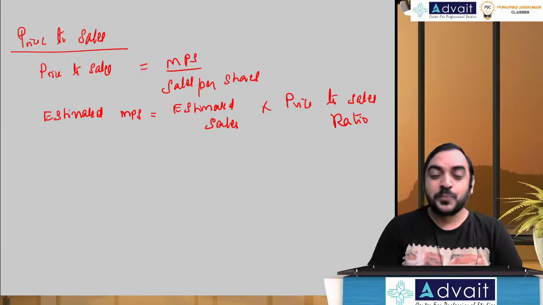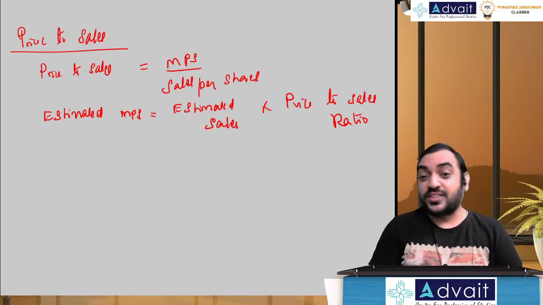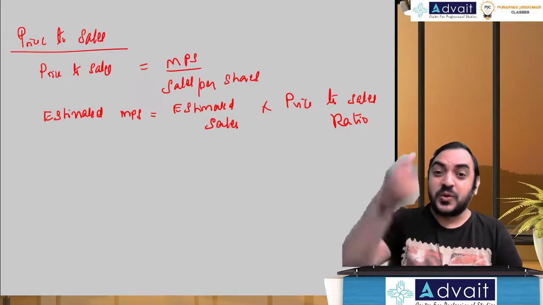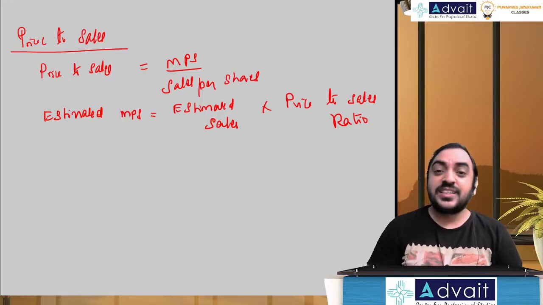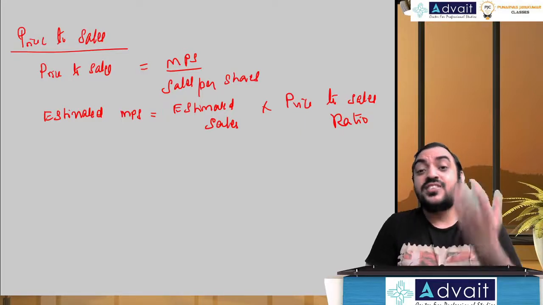Paytm got listed in IPO recently, and the sentence was going like this: Paytm gave a lot of discounts, and now they got listed, and they got all the discount back from the shareholders, because the share price has fallen drastically. Retail investors suffered the loss. Anyway, estimated market price is based on the sales you make.